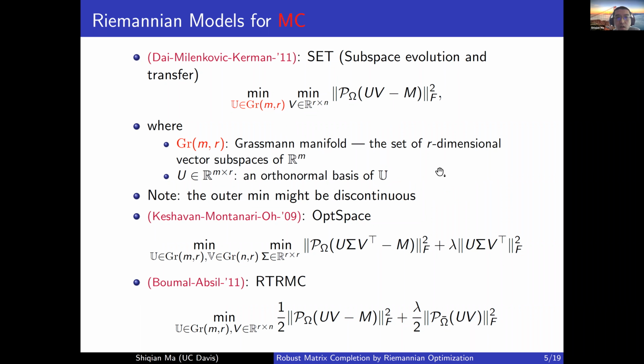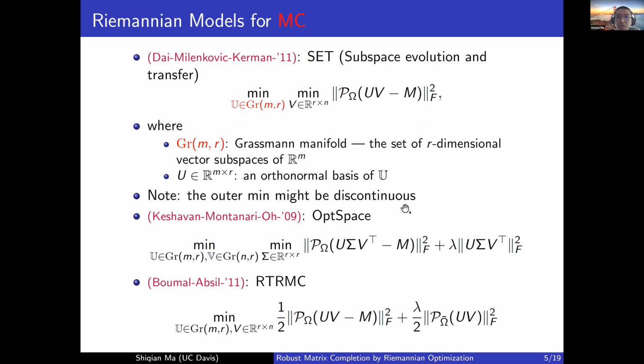All right. So now for this problem, we can see that this is a minimization and then minimization problem. Right? We can see that the inner minimization is for V, and the solution for V is not unique. Okay, and whenever the solution is not unique, then we know that the outer minimization might be discontinuous.